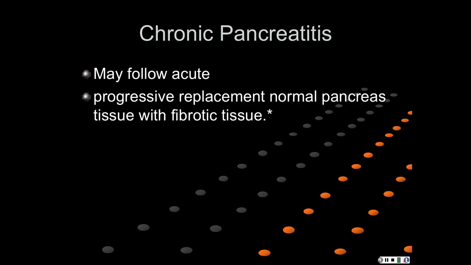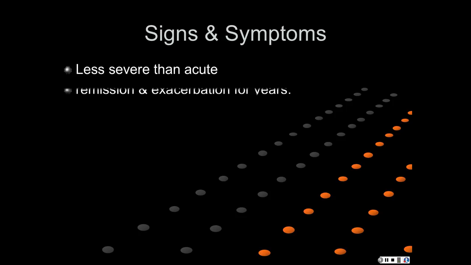At some point, they can go into a chronic pancreatitis. So if it is chronic, it means the structure of the pancreatic tissue is going to change. It's going to be replaced by fibrotic tissue. If it's replaced by fibrotic tissue, it means the function of the pancreas is now going to be affected.